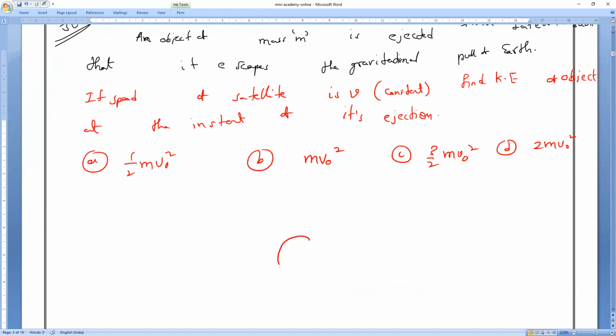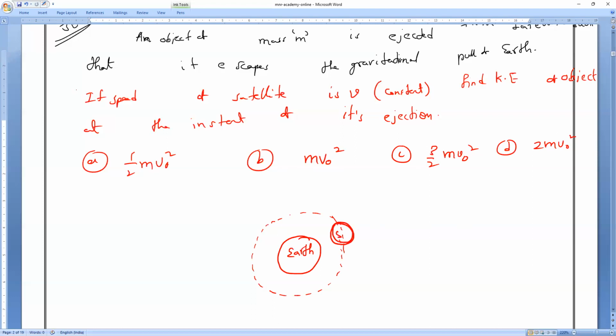We all know the planet Earth is present. This is the Earth, and in a particular orbit a satellite is revolving.